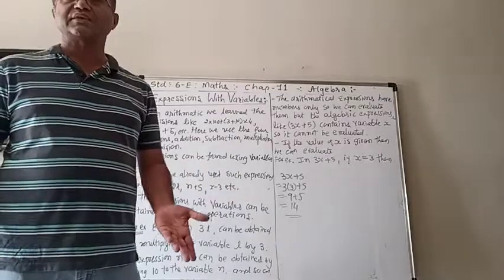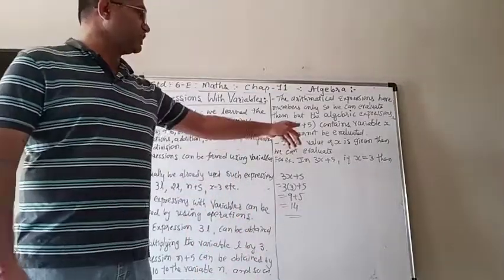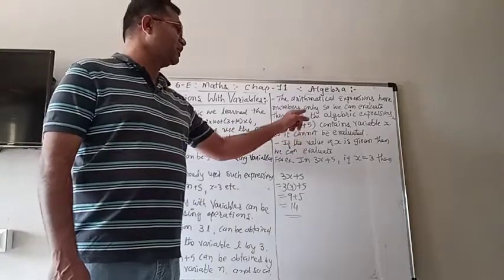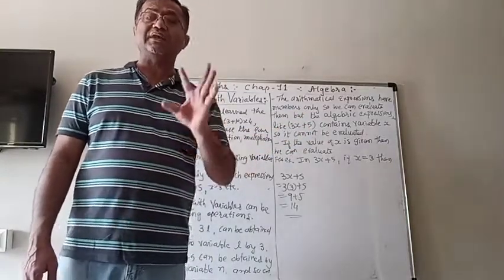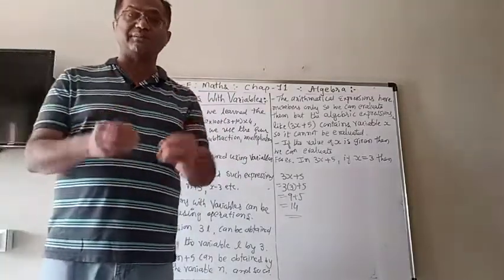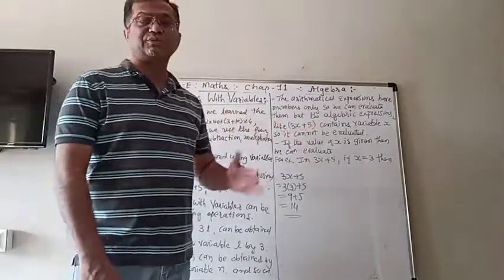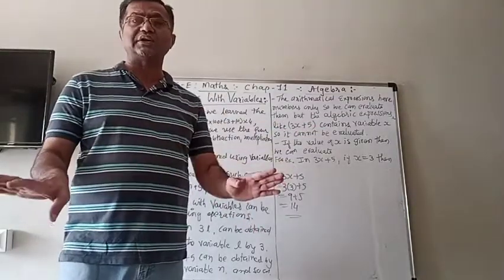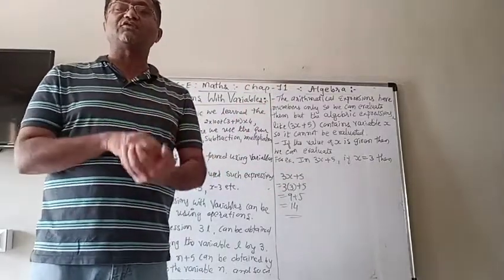What is x? It is a variable. It can take different values. So we cannot evaluate the algebraic expression. We can evaluate only when the value of the variable used is given. If only 3x plus 5 is given, we cannot evaluate. We keep it as it is because it contains the variable x.